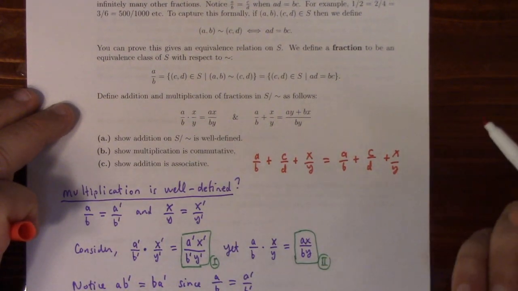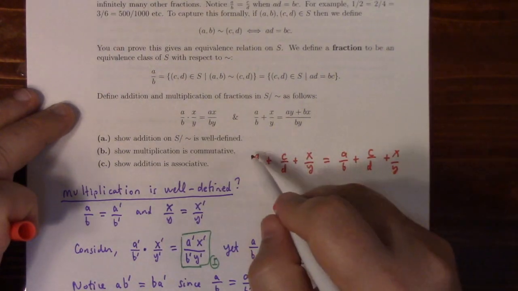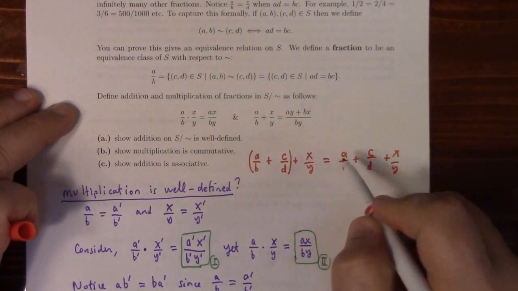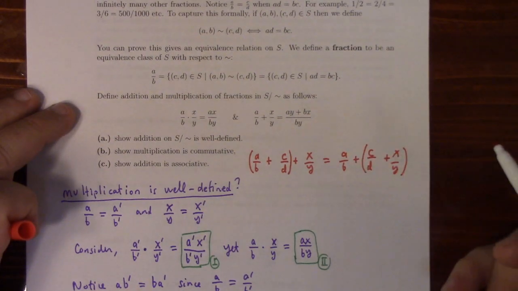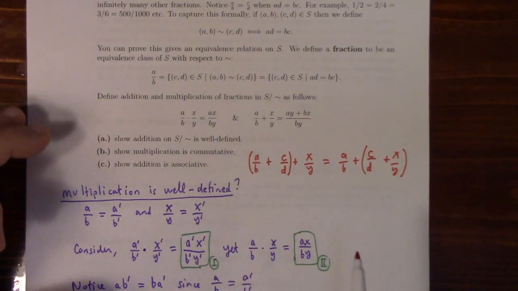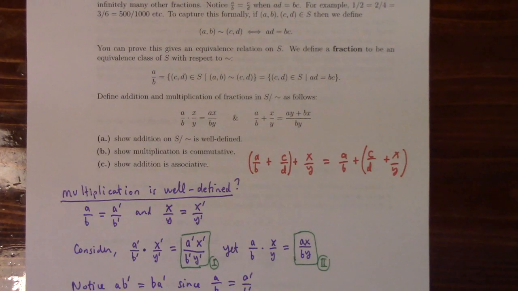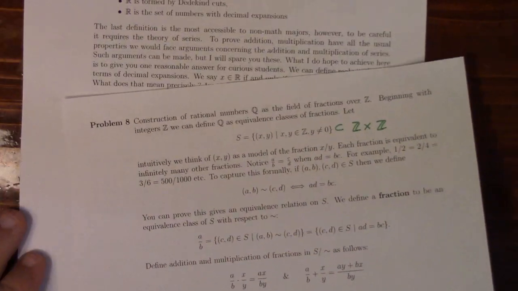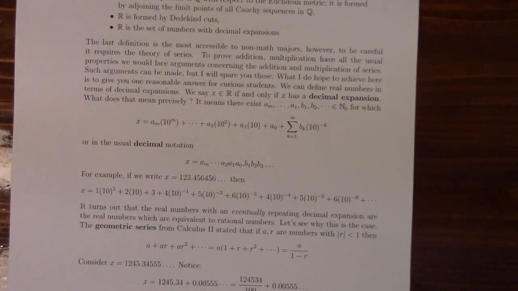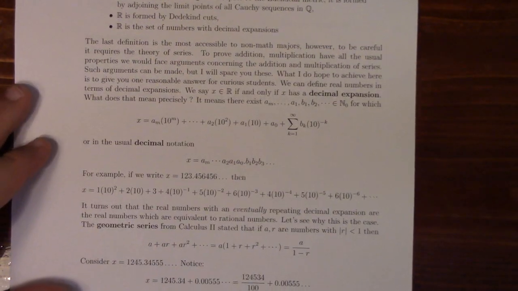And where you put the parentheses doesn't matter, right? You can either add these two first and then that one, or you can add these two first and then that one, right? So that's associative. Commutative, well, anyway, I think you hopefully know what that means. Problem 9. Actually, I hope you know what associative means, but anyway.